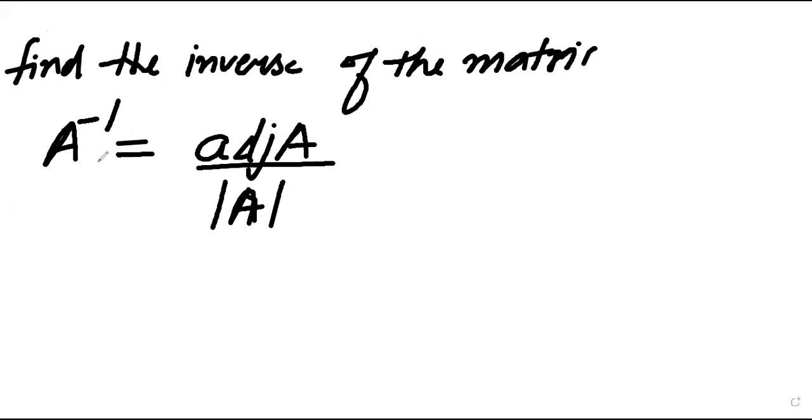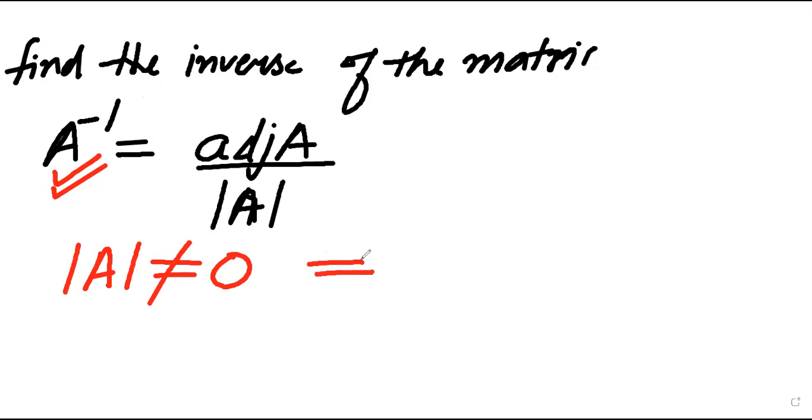One thing you have to keep in mind: in the paper, before finding A inverse, you should think about whether this determinant of A is coming equal to 0 or not. Okay, if it is not equal to 0, then only A inverse will exist, otherwise not.